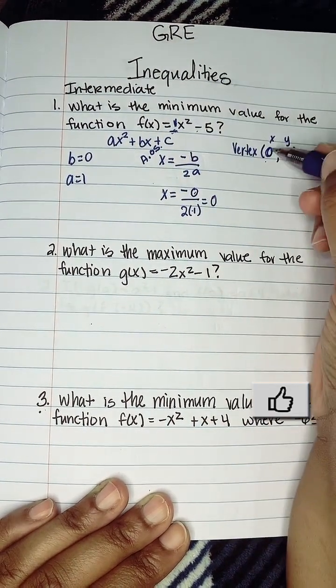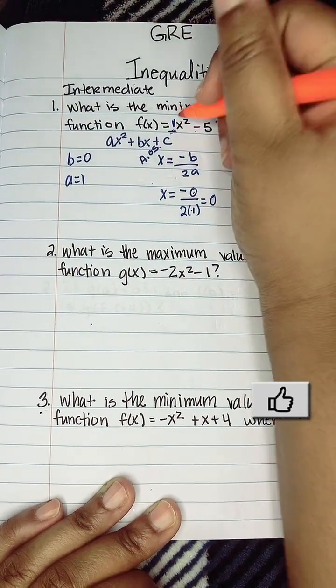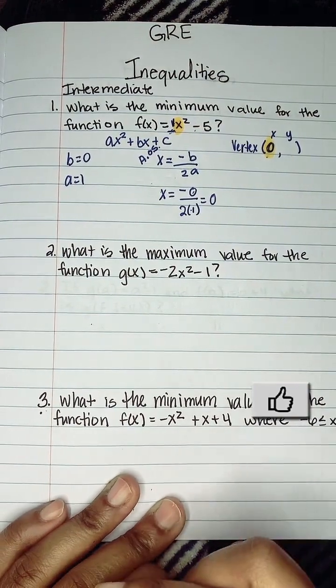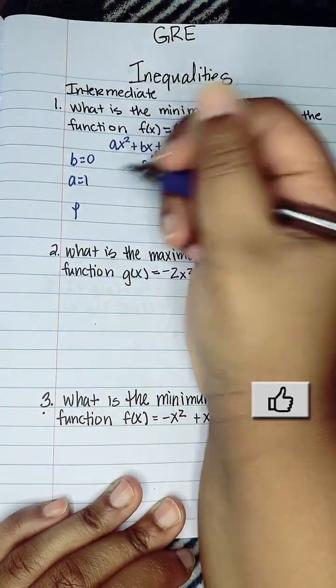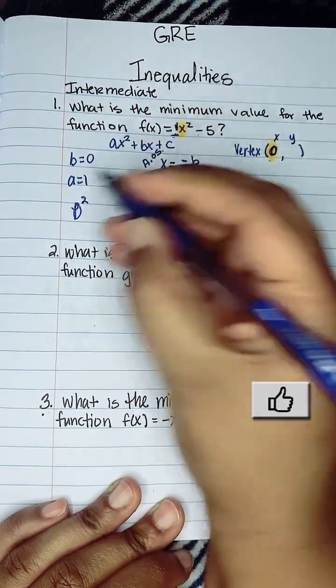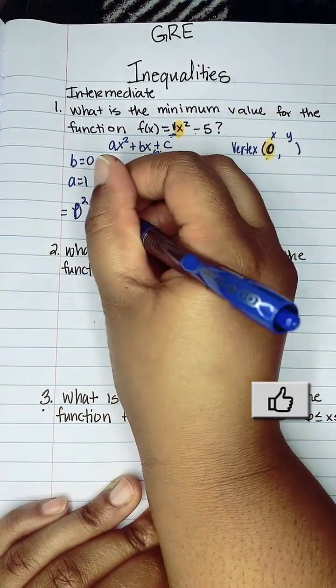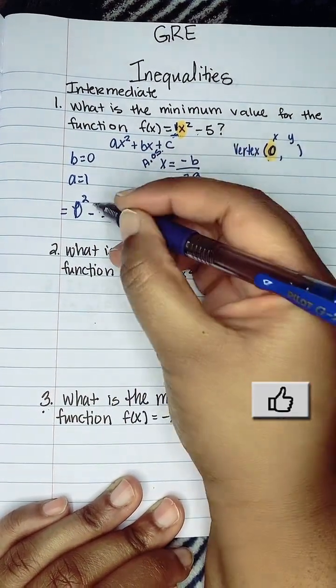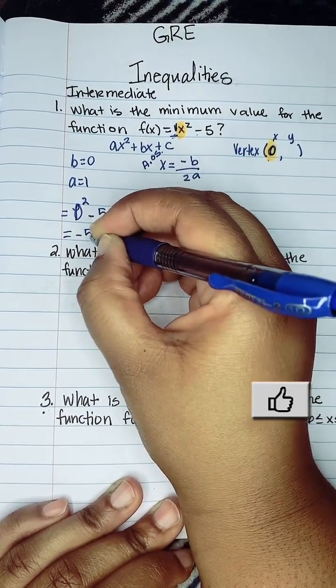So I'm going to do 0 squared, plugging in 0 here, minus 5. Well, 0 times 0 is 0, and 0 minus 5 is equal to negative 5.